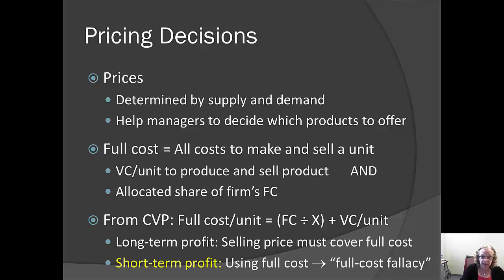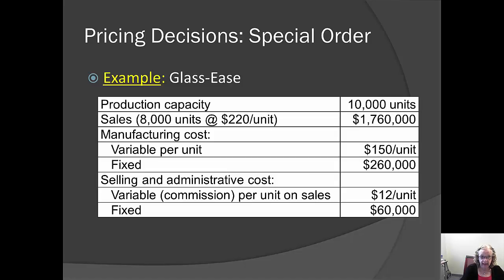The more units that we make and sell, the less of our fixed cost each unit has to carry. So let's look at an example. Glassys makes windows that construction contractors use in their projects.